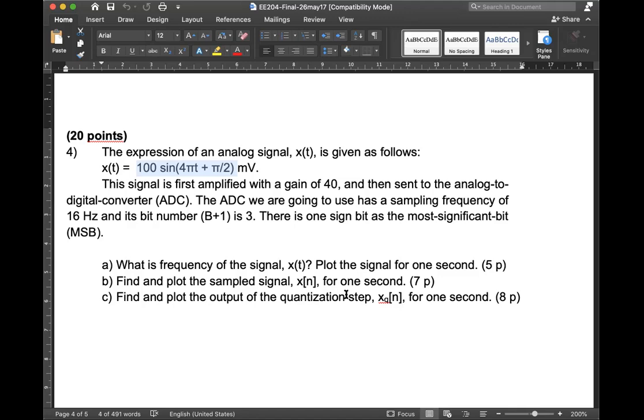So, is this a cosine signal, arkadaşlar? It's a cosine signal, right? Yes. So, okay, I now want you to read this part until here.